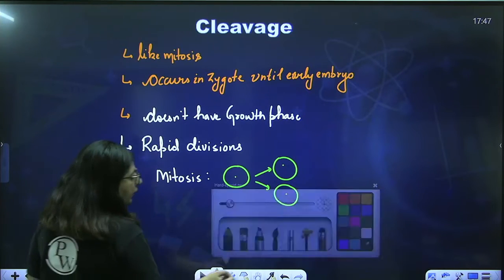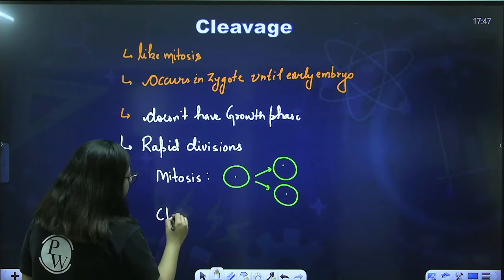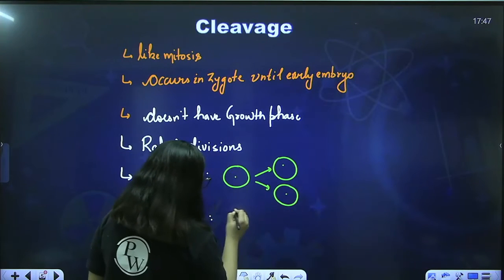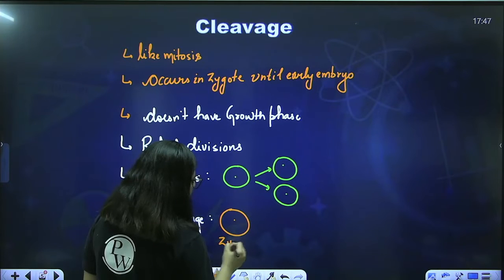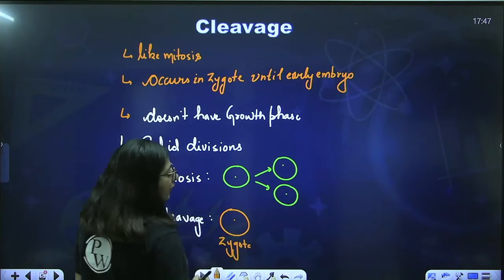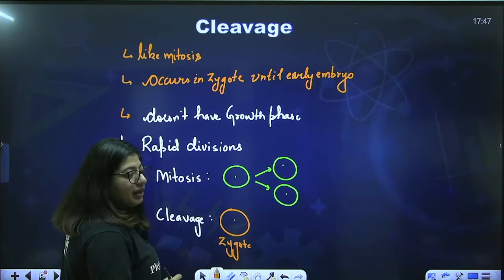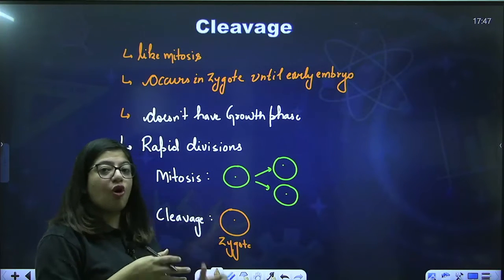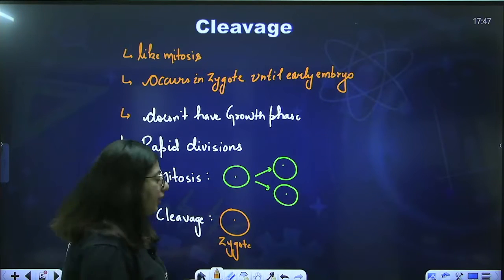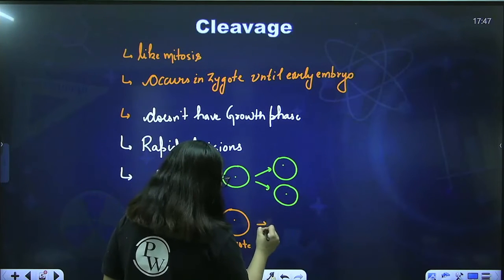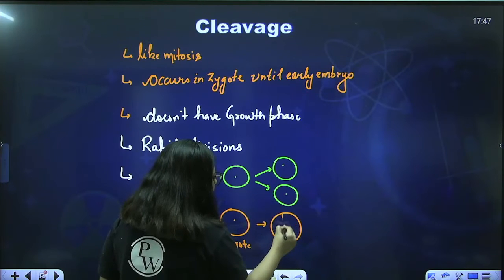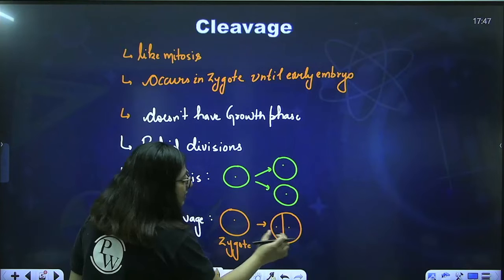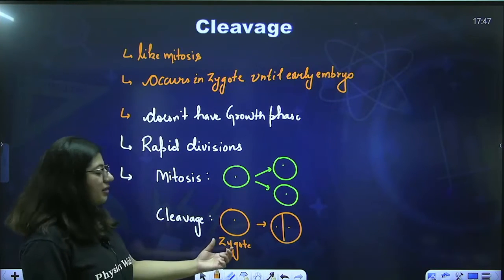But what happens in cleavage? In cleavage, if this cell is the mother cell, which is a zygote, the cell will divide, and the daughter cells will be smaller than the zygote. These two cells, the daughter cells, will be of smaller size in comparison to the mother cell.